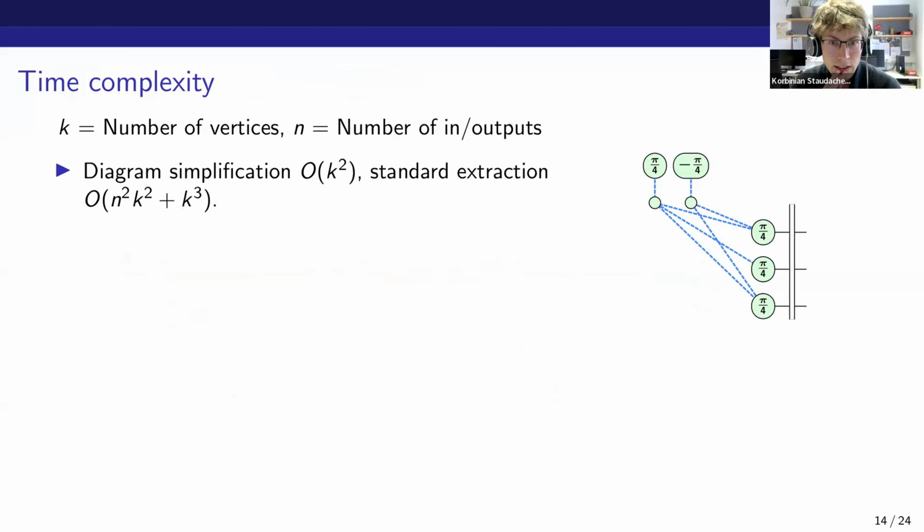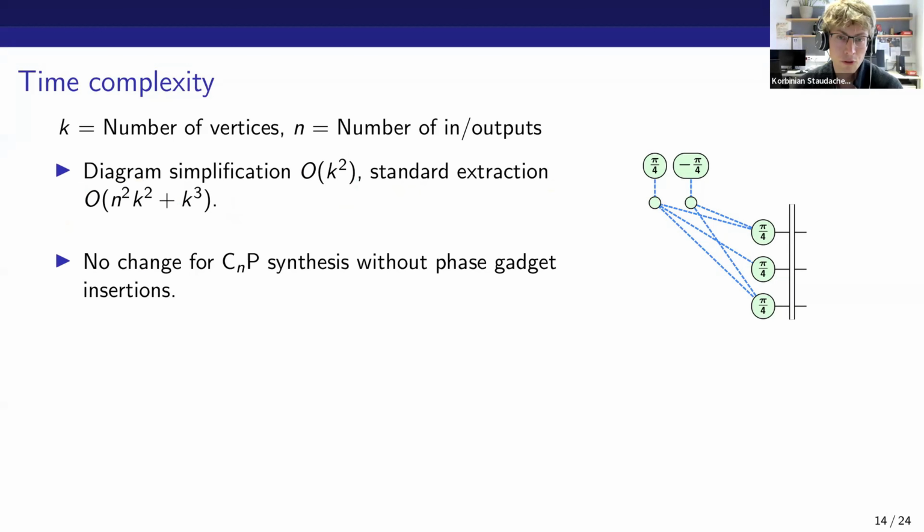Okay, so as a last step about this algorithm, regarding the time complexity of the algorithm, if we have k being the number of vertices and n the number of inputs and outputs, then this standard diagram simplification usually runs in quadratic time in the number of vertices, and the standard extraction is dominated mostly by a Gaussian elimination procedure we need for detecting optimal row additions for the CNOT extraction.